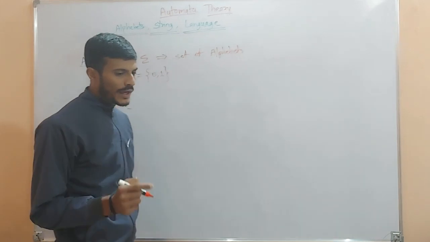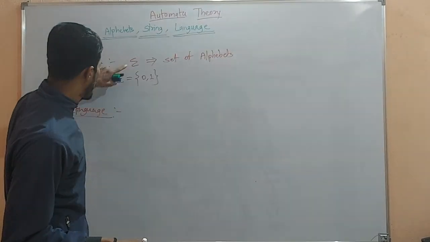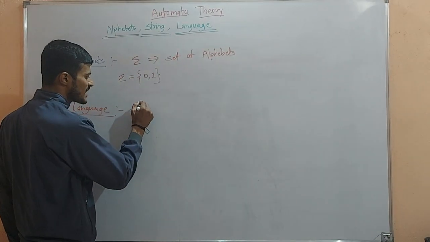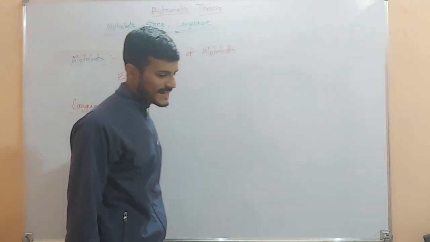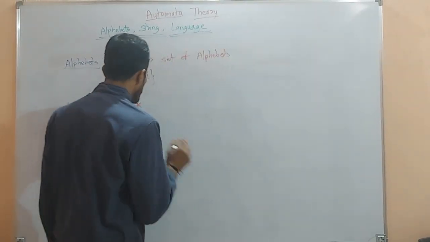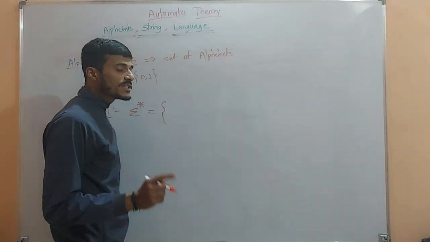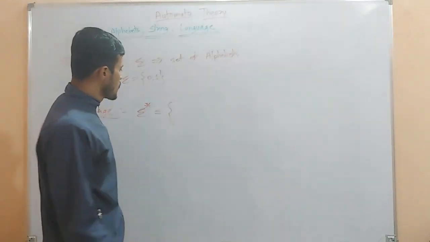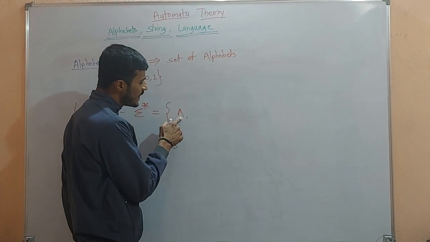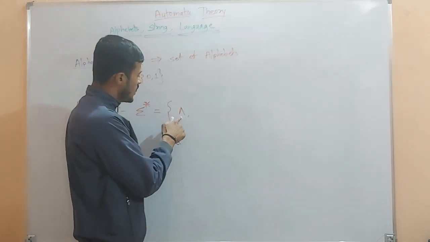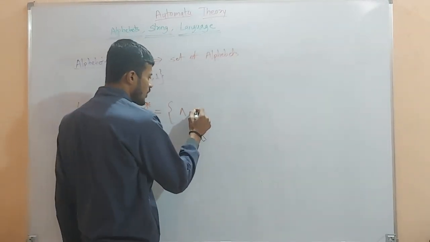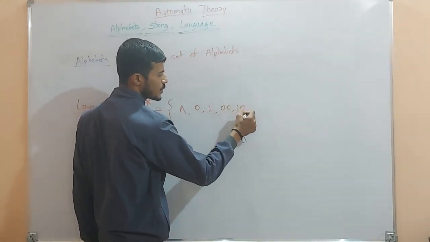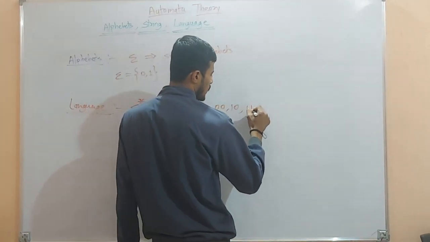Language over the alphabet sigma is nothing but sigma star, also called sigma closure, which contains all the possible strings made up of 0 and 1. The possibilities are null, meaning nothing is there, that is of size 0.